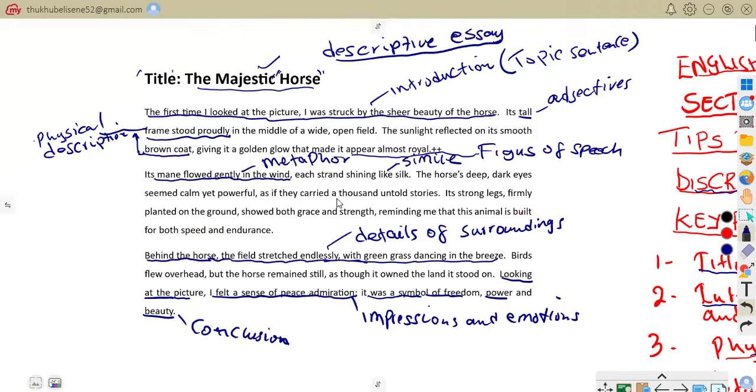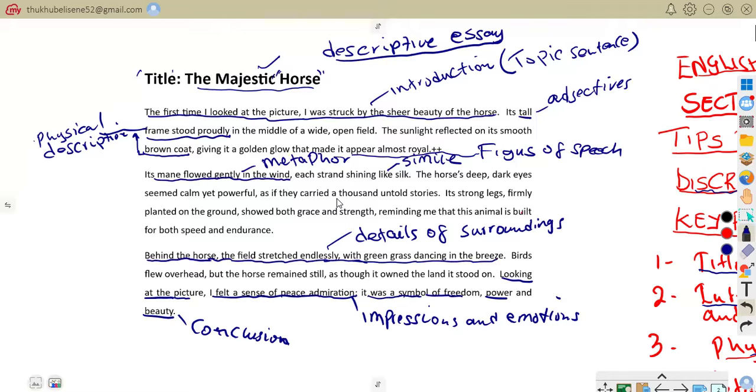After the title, give the topic sentence, an introduction, introducing us to this picture and setting the tone. After that, give a full physical description of the picture. Then the surroundings of this picture. Like now we're talking about a horse, give us the surroundings of the horse.